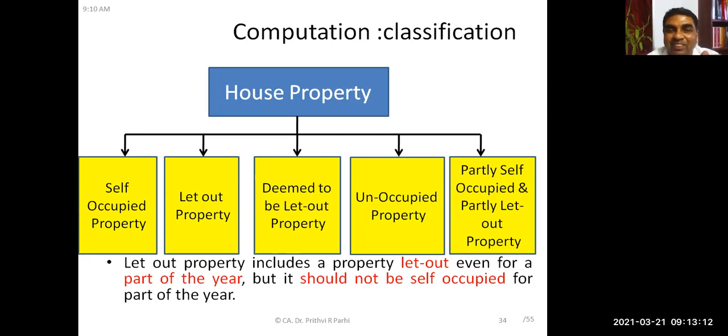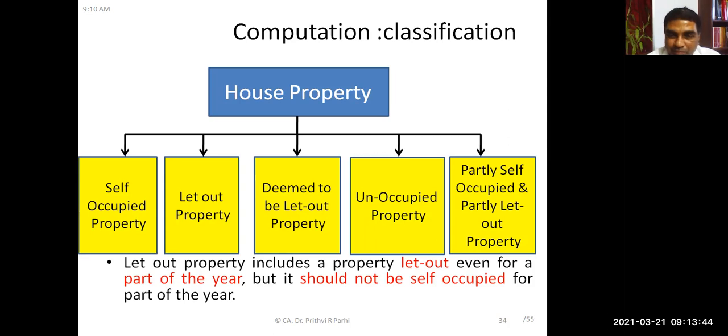If it is let out for part of the year and the other part it is vacant, then we treat it as let out property. But if it is self-occupied, then it is a different thing. Then it may be partly self-occupied, partly let out. But if it is let out and vacant, it will still be treated as let out. Did you understand this concept?